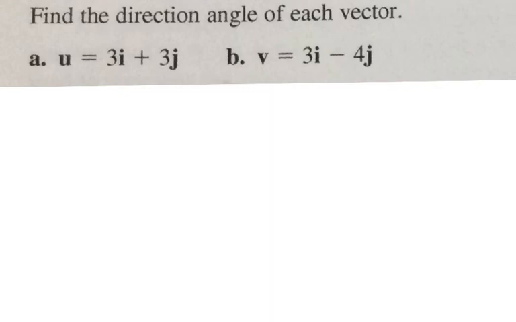So what do I have? I have a right triangle, and I'm missing an angle. You're missing a side, but I don't need to know the side. I want to know the angle. So in relation to this angle, what are the two known sides? Opposite and adjacent. Which trig function deals with opposite and adjacent?